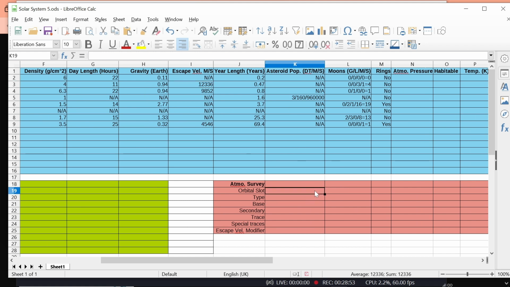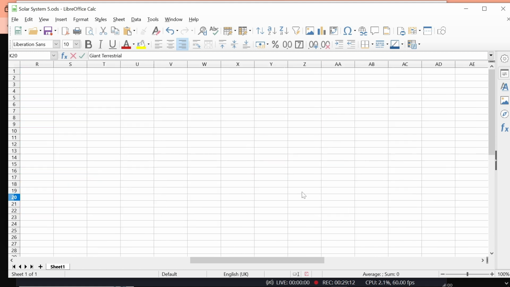We're recording for the giant terrestrial, which is in orbital slot 2. If it happens that it will become habitable, I will move this over to the other table.